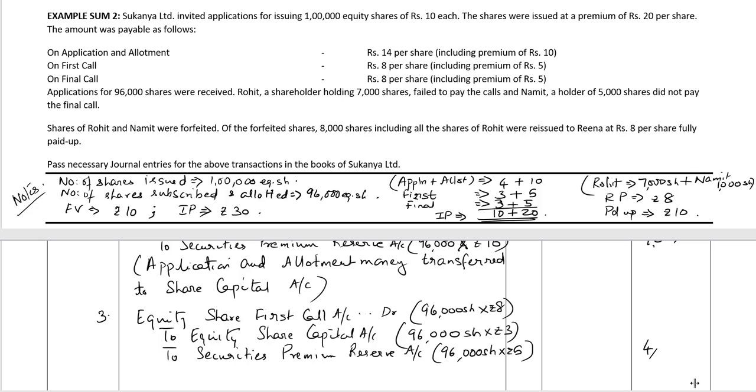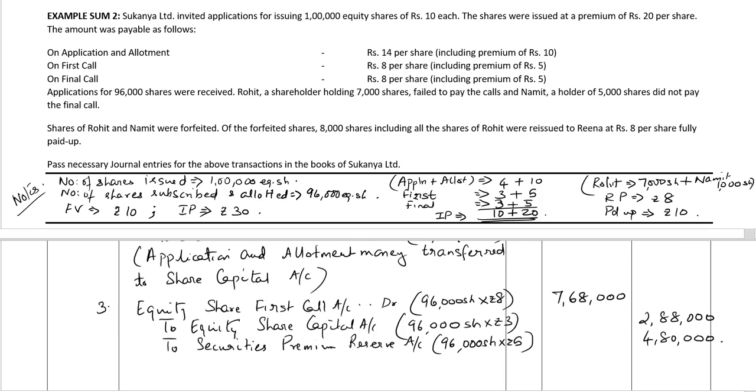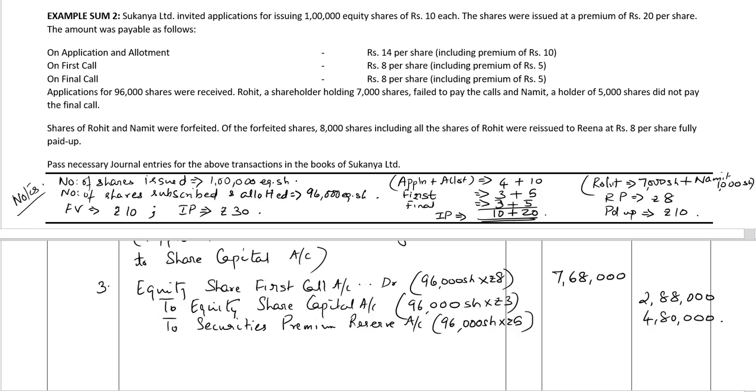The final amounts: 4,80,000 rupees against securities premium reserve, 2,88,000 rupees against equity share capital account, and 7,68,000 rupees against equity share first call money. First call money due.